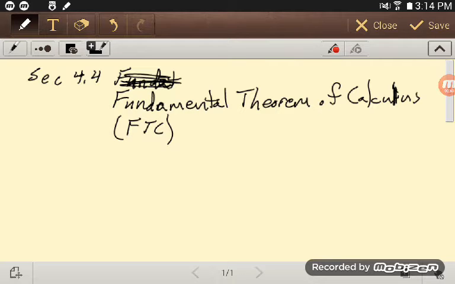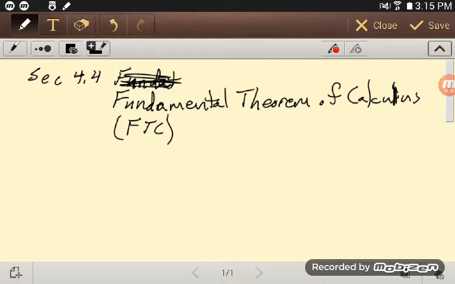I'm going to backtrack a little bit. The textbook goes through this and uses the mean value theorem, but I think really thinking about integrals as summations of changes is a very powerful thing, and thinking about the approximation aspect of it is also very important.